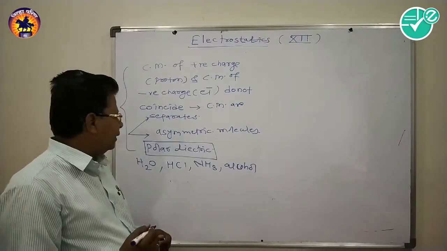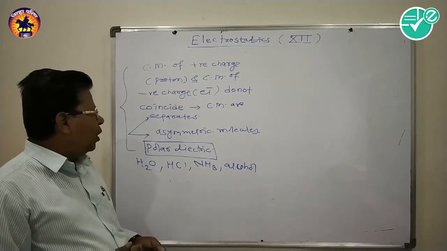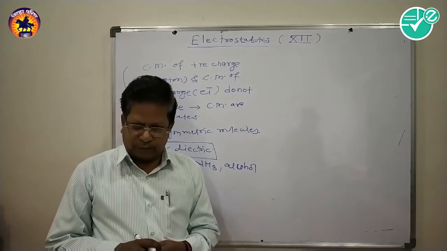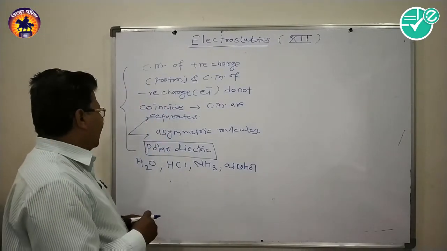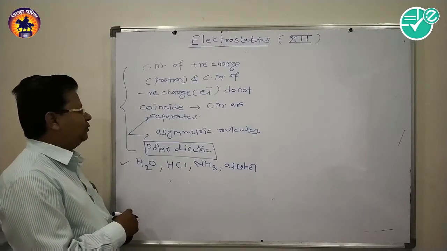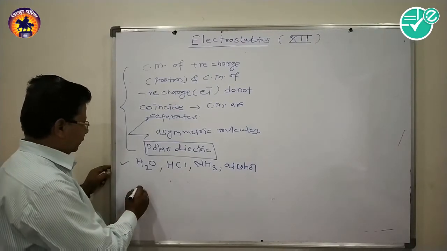They are separated because of their asymmetric nature. And the examples we have seen are H2O, HCl, NH3, alcohol, etc.